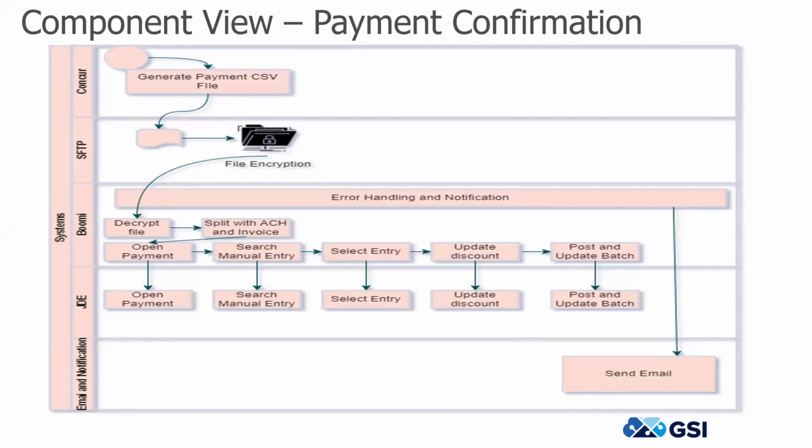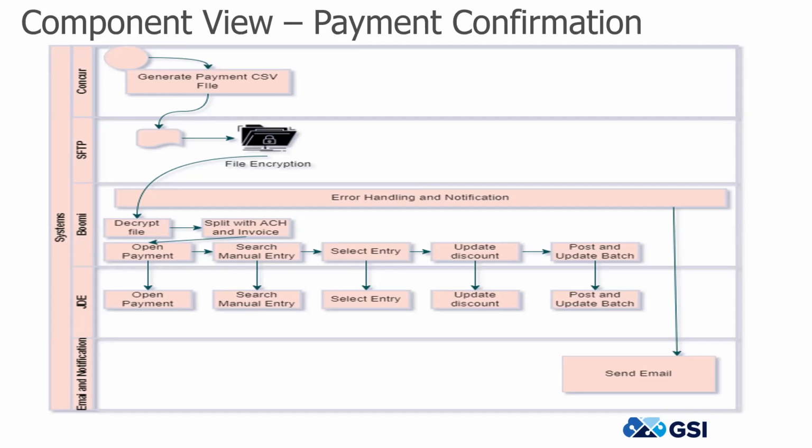It got dropped into a file share where Boomi had to come in, decrypt it. It had to analyze the data and figure out which ones were check-based and which ones weren't. It had to open payments, search for items.